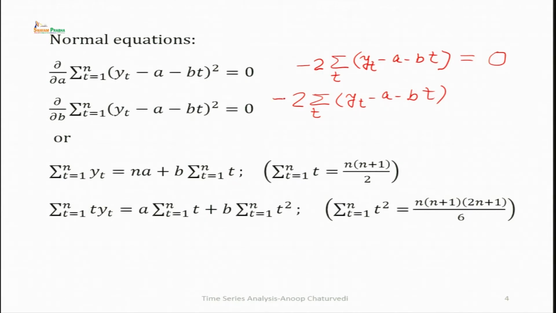So, you get a minus sign here and then you get t here, equal to 0. Then we simplify these two equations. You can take minus 2 towards this side.